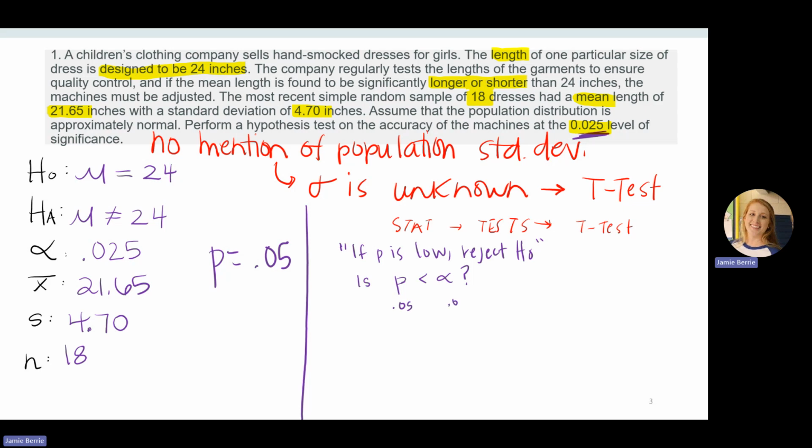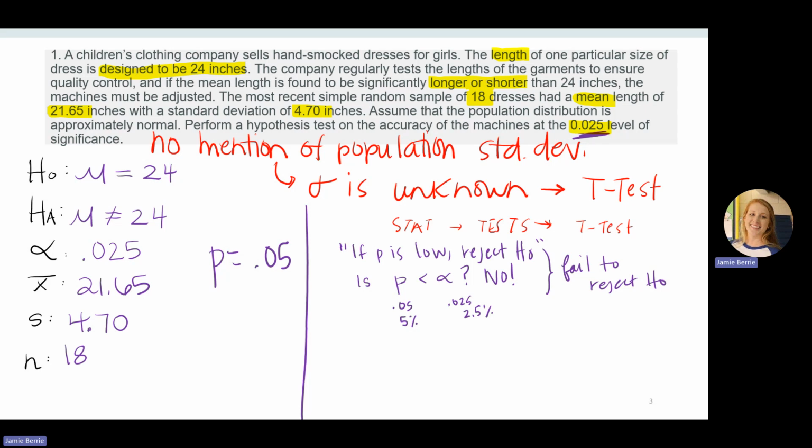Alpha is 0.025. Again, if you're struggling with comparing those, think of them as percentages. That would be 5%. This would be 2.5%. So definitely not. It is not less than alpha. So if your p-value is not less than alpha, then we have to fail to reject H0.